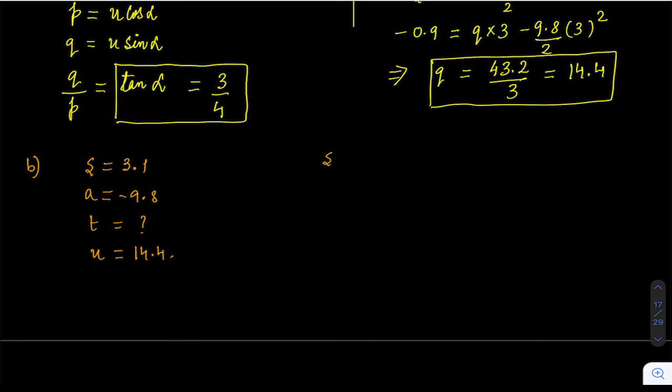That is S equals ut plus half a t square, where S is 3.1, initial velocity is 14.4 in positive direction, time we have to find out, minus 9.8 divided by 2 into t square. So let's try to solve t from this.